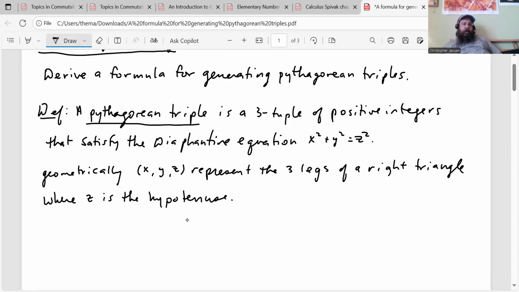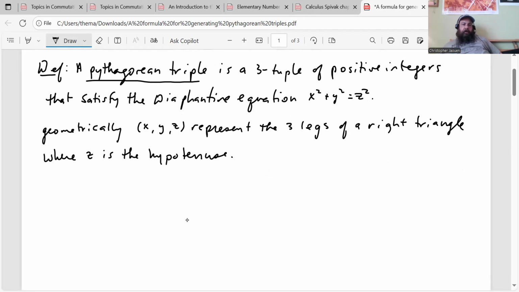And famously, Pythagoras tells us that for any right triangle, so this is a right angle here, meaning 90 degrees, if the legs here are x and y, and the hypotenuse has length z, then we know that x squared plus y squared is equal to z squared.